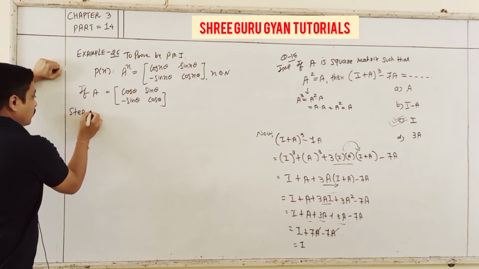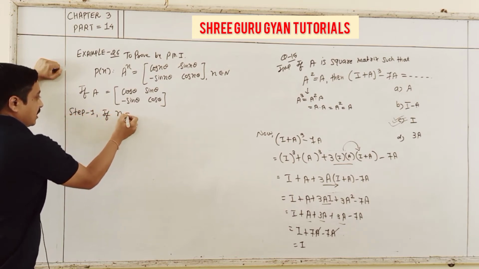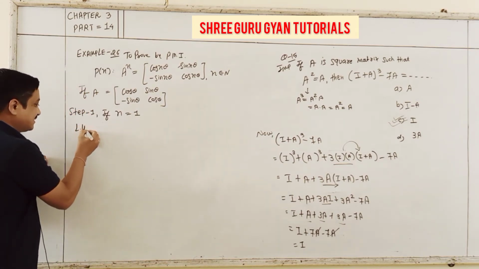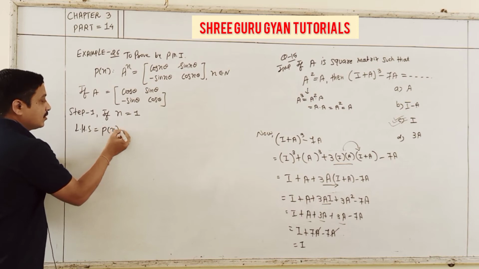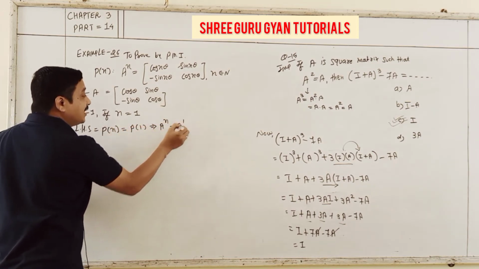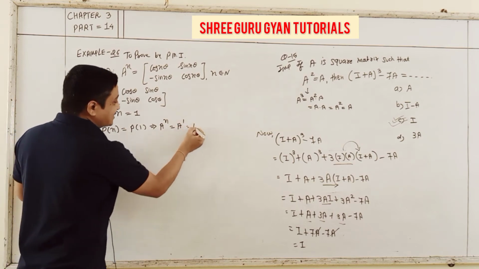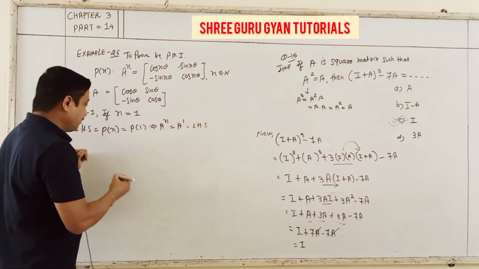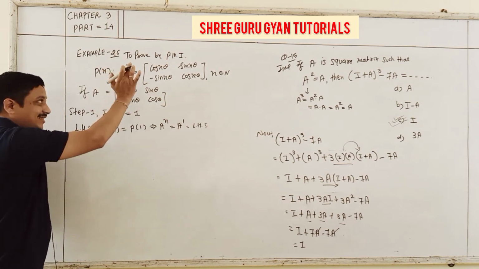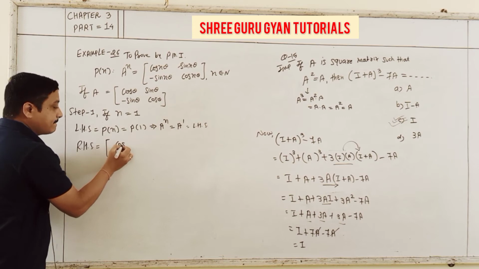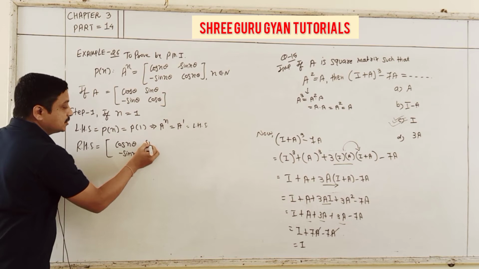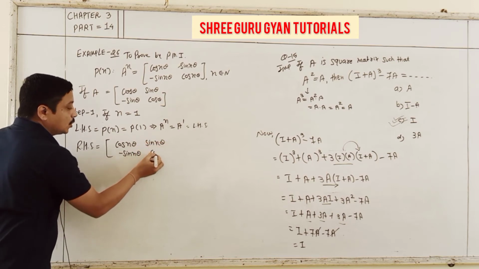Step 1, if n becomes 1, taking. Simple. So LHS, P of n will do P of 1, which is A raised to n. I will write down A raised to 1. That's your LHS. And my RHS, this your RHS, cos n theta, minus sin n theta, sin n theta, cos n theta.